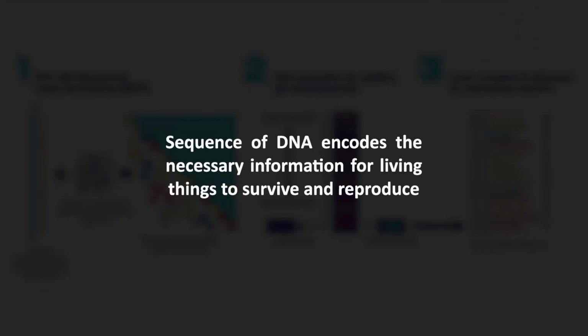The sequence of DNA encodes the necessary information for living things to survive and reproduce. Determining the sequence is therefore useful in fundamental research into why and how organisms live, as well as in applied subjects.